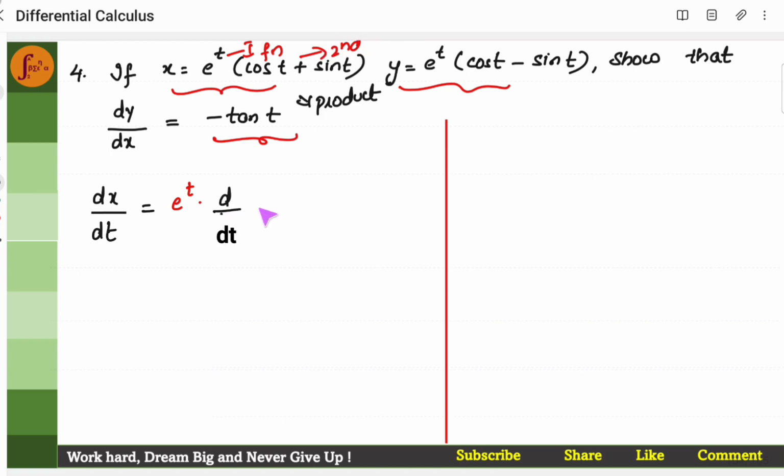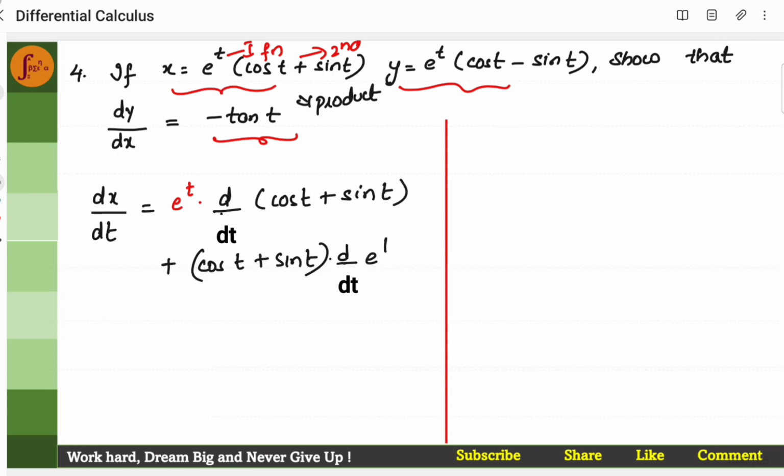The derivative of cos t plus sin t, plus now we'll take the second function, cos t plus sin t, into the derivative of the first function, that is e to the power t. So e to the power t into the derivative of cos t plus sin t: the derivative of cos t is minus sin t, the derivative of sin t is cos t.